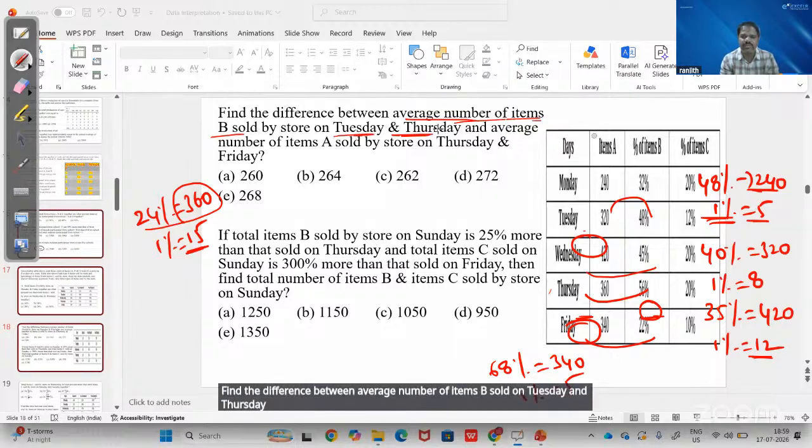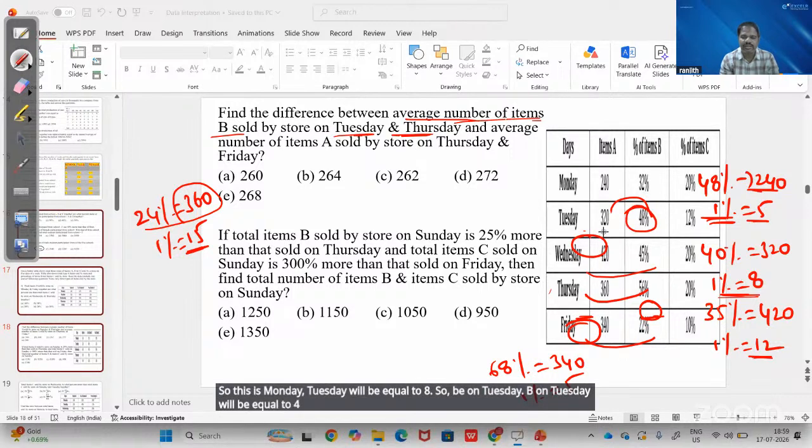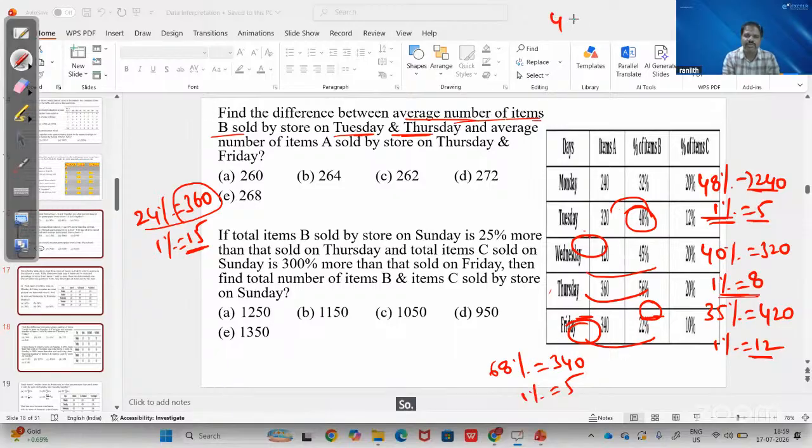Tuesday, where 1% equals 8, B is 48%. So 48 into 8: 8 8s are 64, 8 4s are 32, so 384.